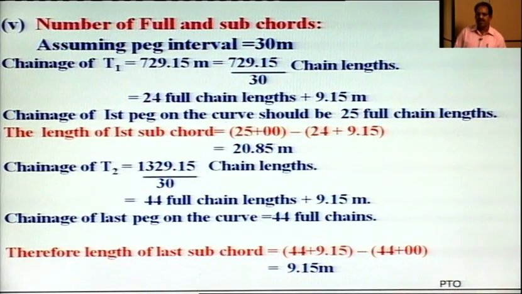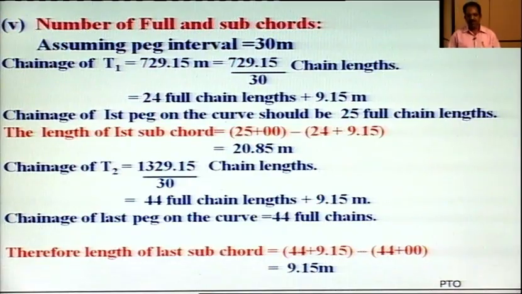It will become 24 full chain lengths of 30 meters plus 9.15 meters. So, the chainage of the first peg on the curve should be 25 full chain lengths, and to get it we subtract 24 plus 9.15 from 25 full chains, and we get the length of the first sub chord as 20.85 meters.